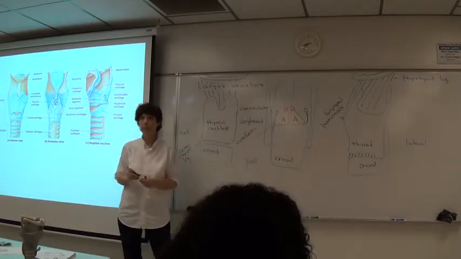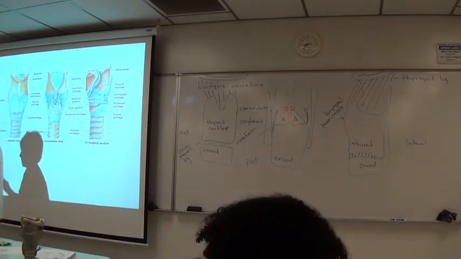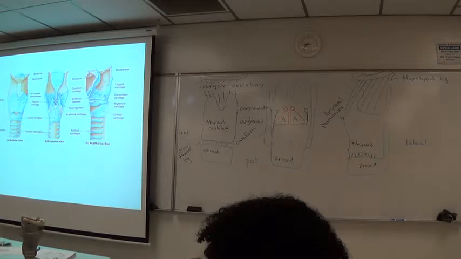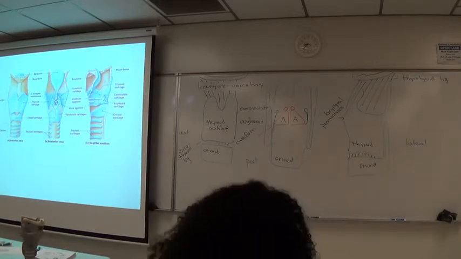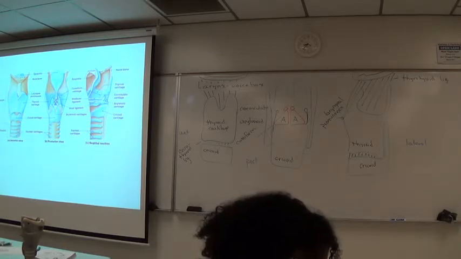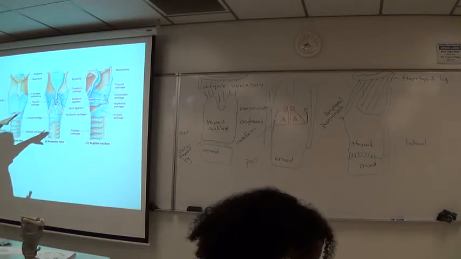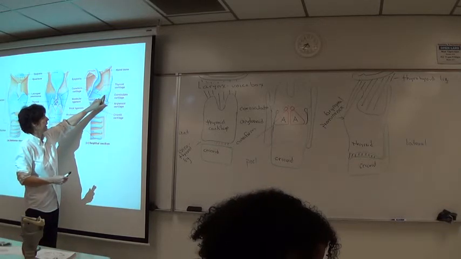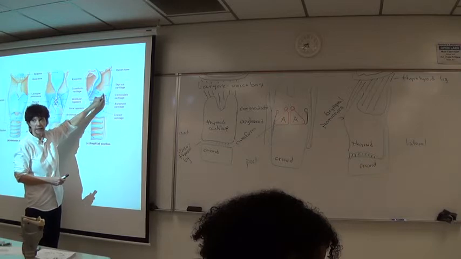On our smaller models, we can see these as a little bump in the membrane. There is a membrane that extends from the corniculate up to the epiglottis.